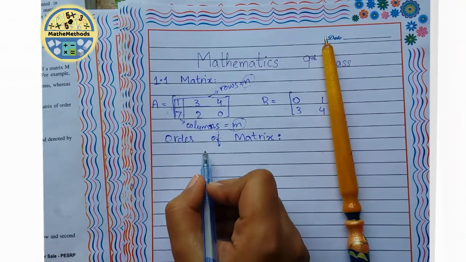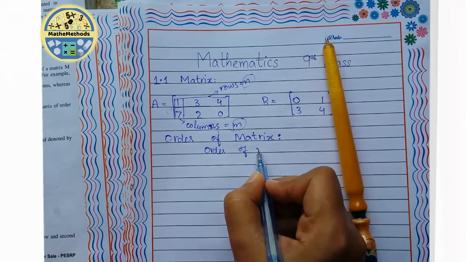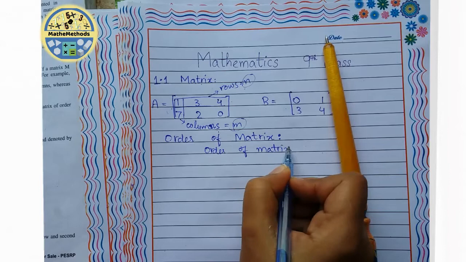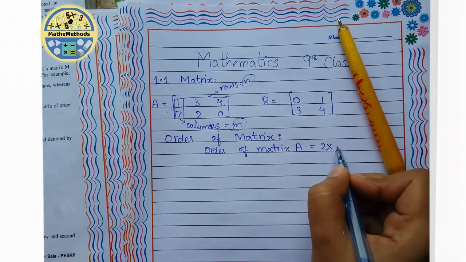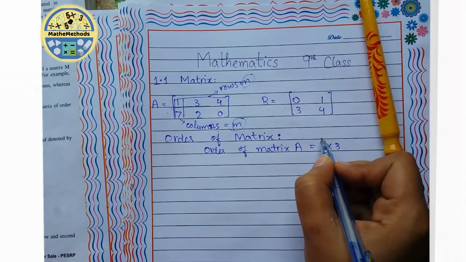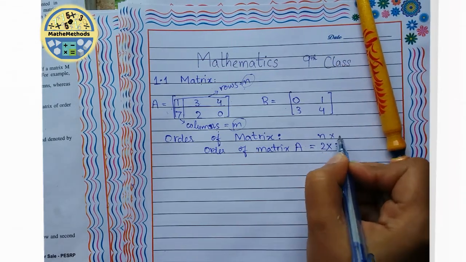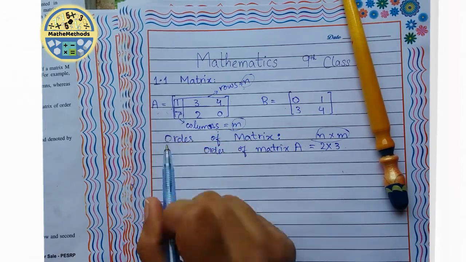So the order of matrix A is equal to 2 cross 3. You can see N cross M. This is the order of this matrix A.